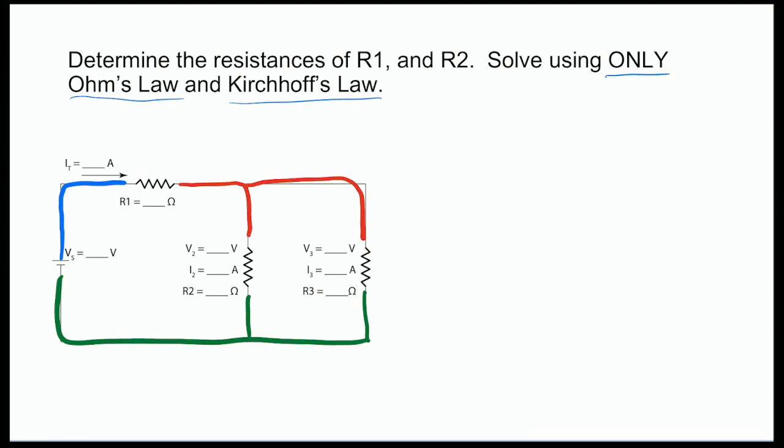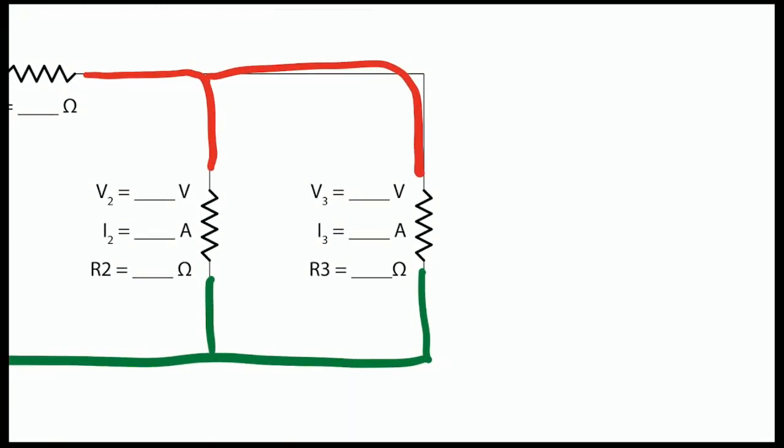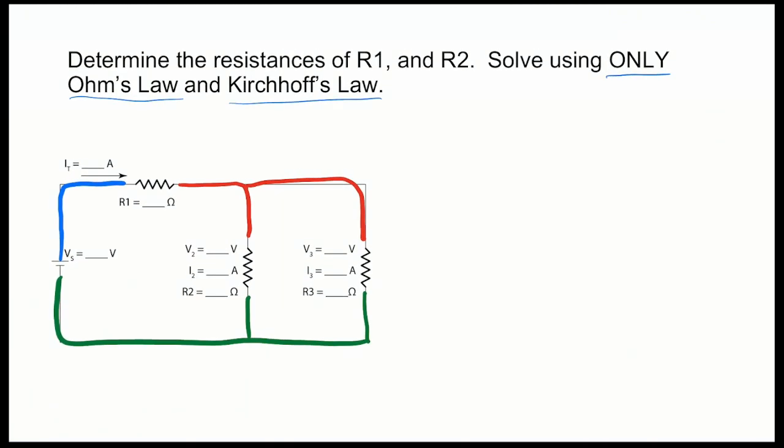Obviously, you can see here that between the green and the red nodes, there are the resistors R2 and R3. They share one node on one side and another node on the opposite side, which makes them two resistors in series.